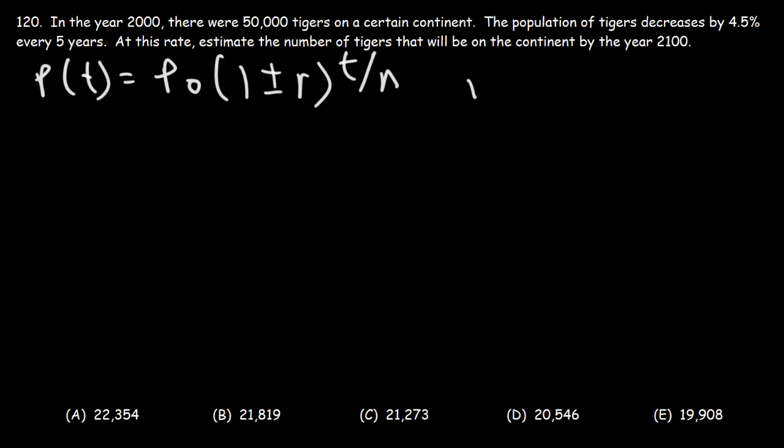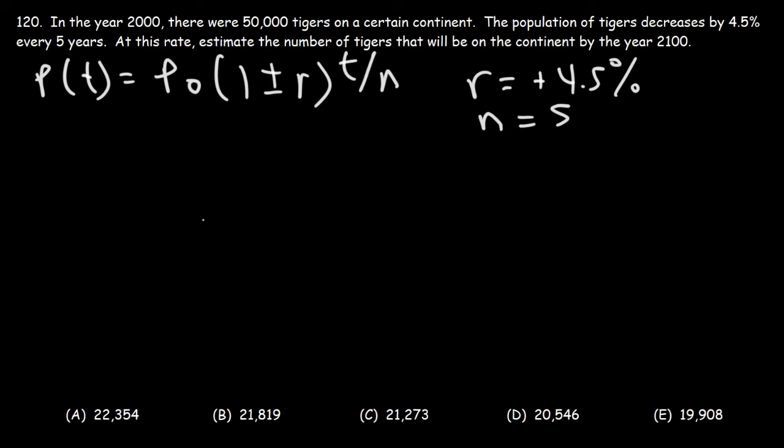So in this example, r is going to be negative 4.5%. Or you could think of r as being positive 4.5%, but we're going to use the negative sign. Now the second thing is n is 5, because it's going to change by r every 5 years.